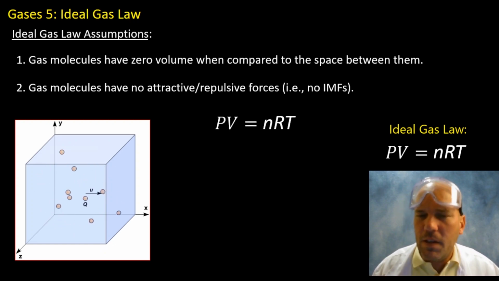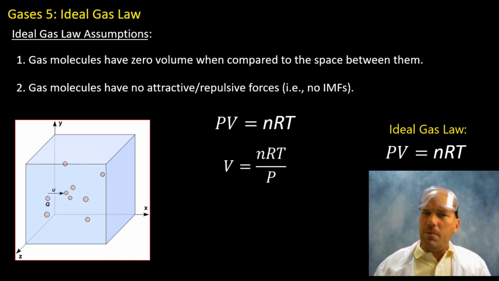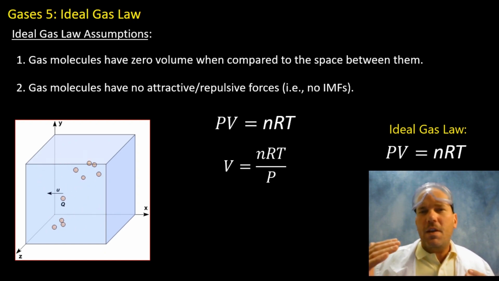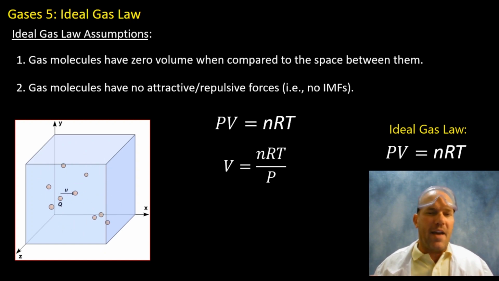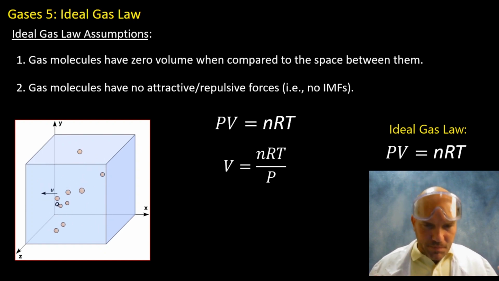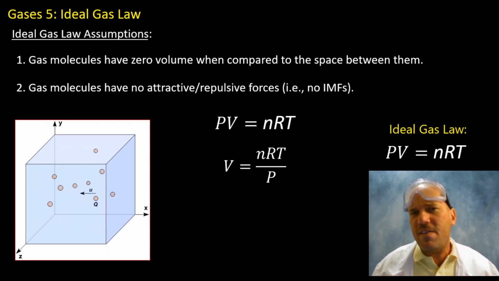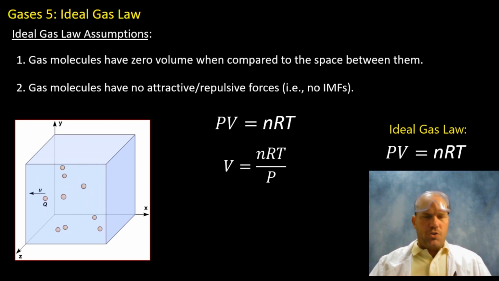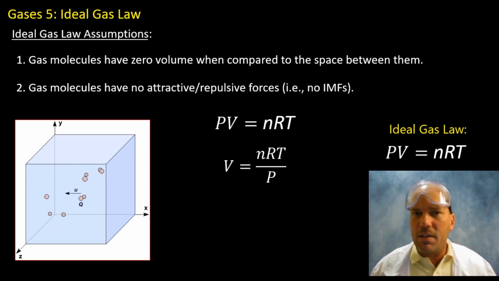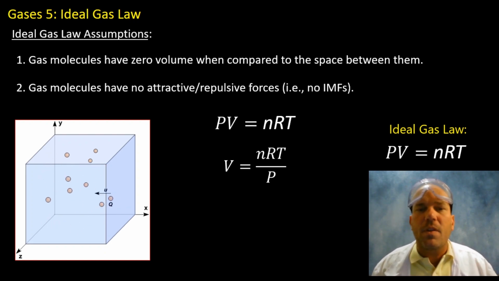So let's look at our equation for the ideal gas law, and let's rearrange it and look at volume. So for assumptions 1 and 2 to be valid, let's think of a vessel with a very large volume. Think about it. If there's a large volume, then sure, the volume of the individual particles would be negligible compared to the volume between them.